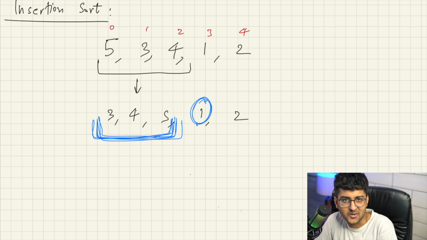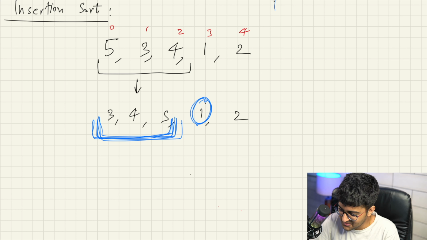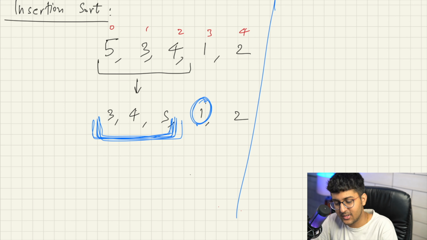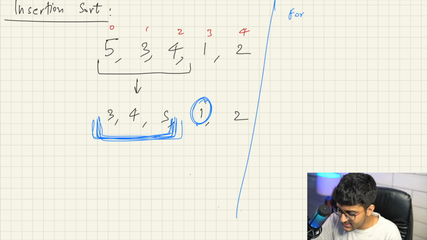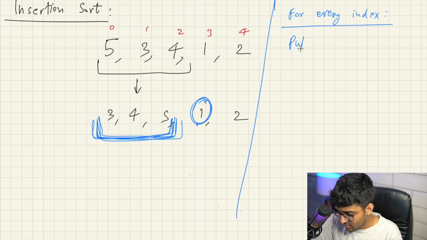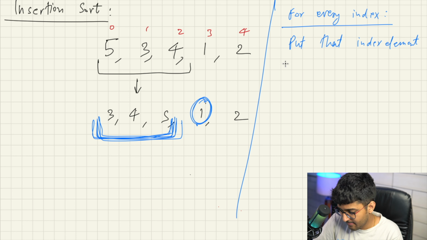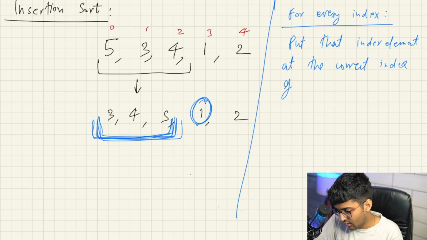Maybe that's the reason it's called insertion sort, not sure, but this is the idea. That is exactly what is happening. For every index that you are at, put that index element at the correct index of the left hand side.